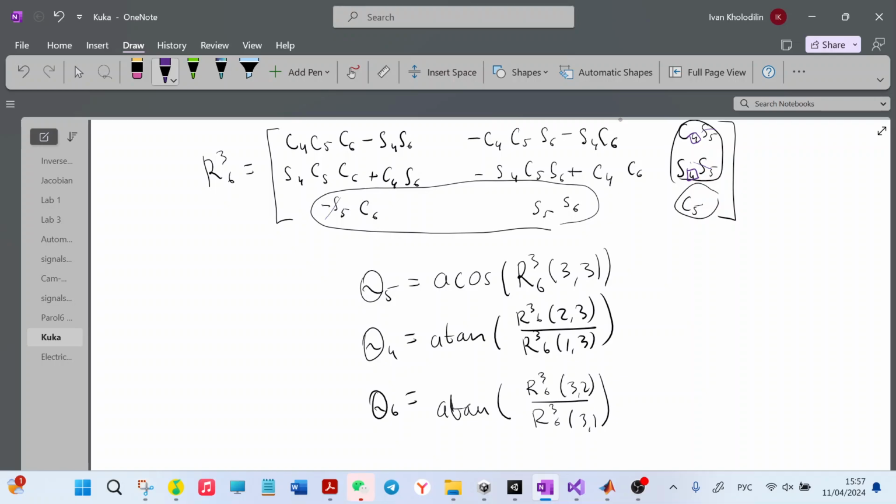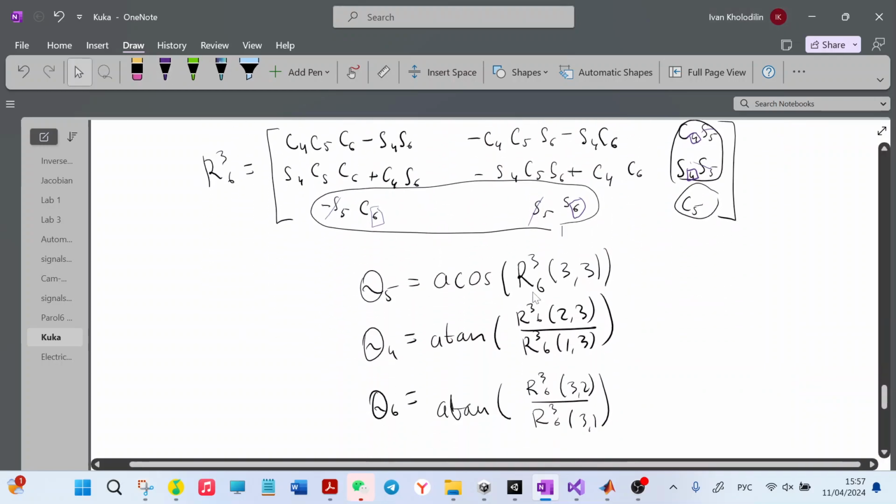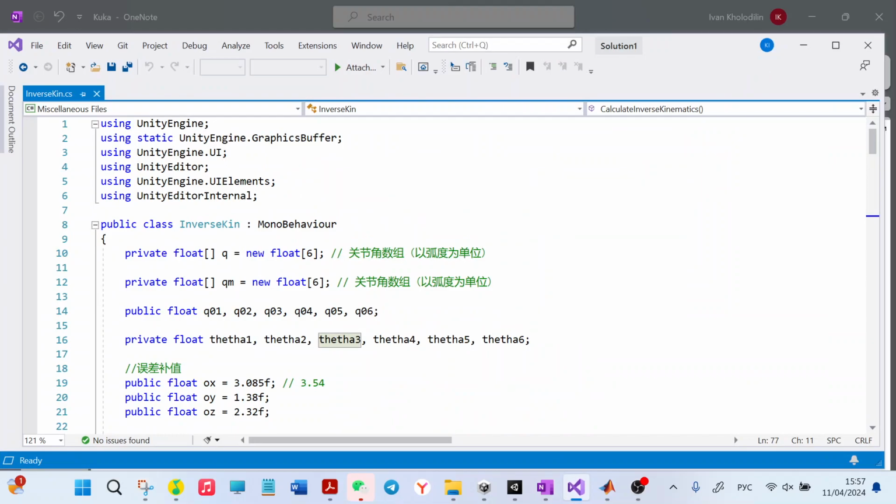We can again divide it, and it will be just index 6, so it will be theta 6. Again, arctangent of this over 2. So that's how we calculate inverse kinematics.